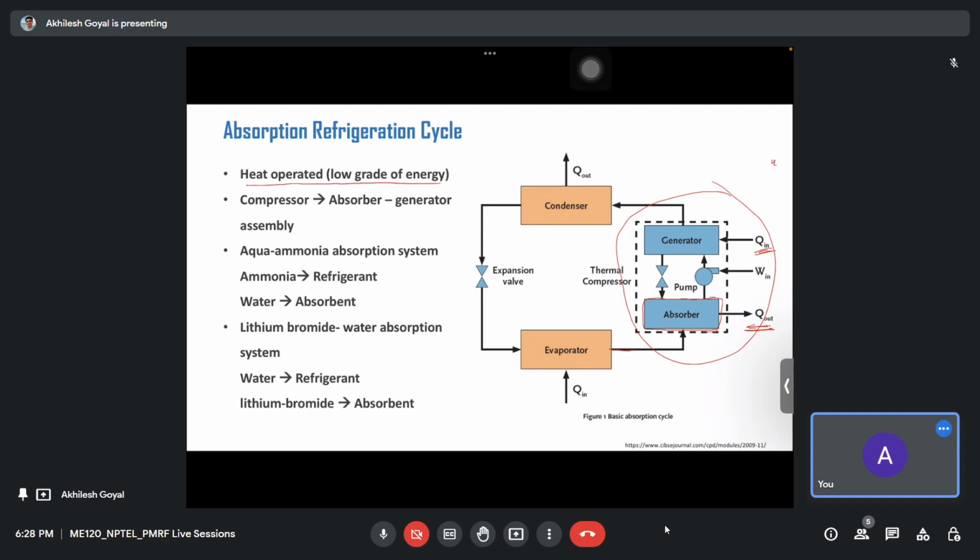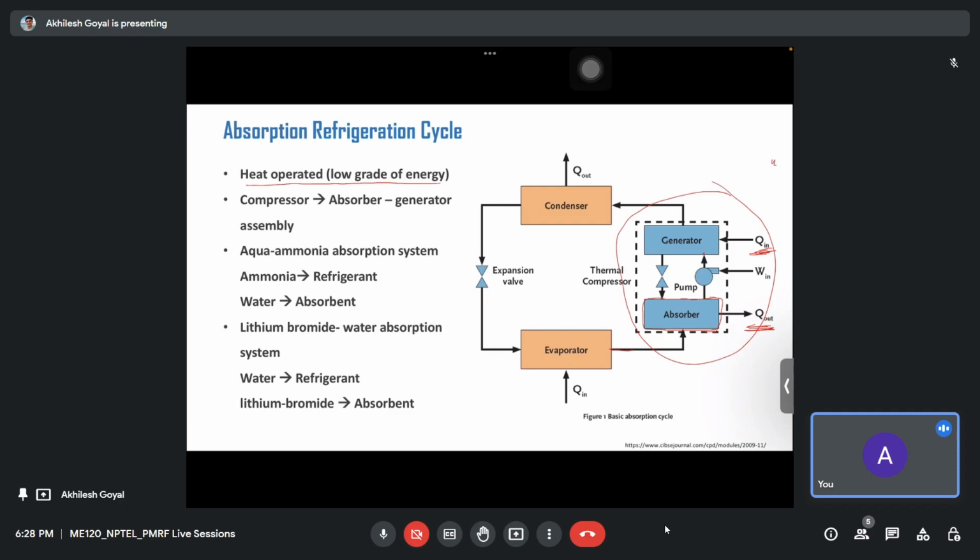In the generator the heat Q is supplied. Due to this heat Q, the temperature increases, and as the refrigerant has a lower boiling point compared to the absorbent, it gets evaporated first and goes to the condenser, and the remaining absorbent is sent back to the absorber again, and this cycle continues.